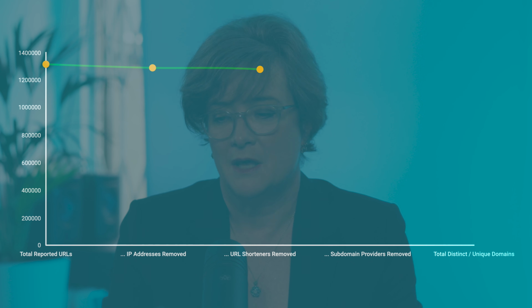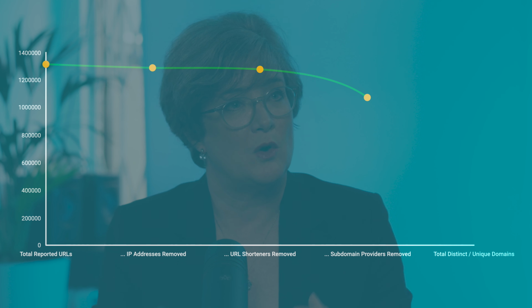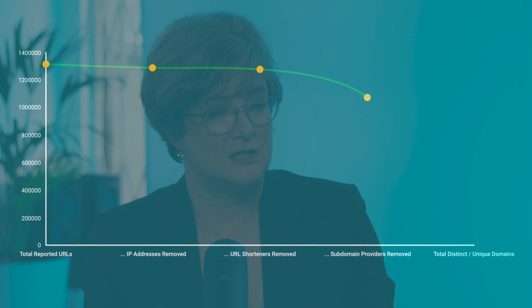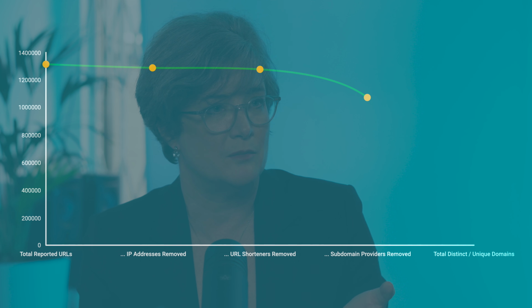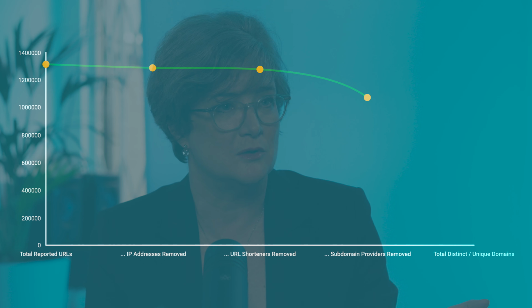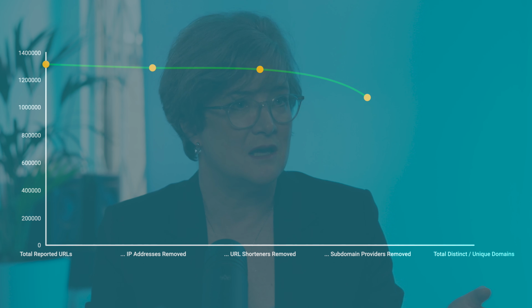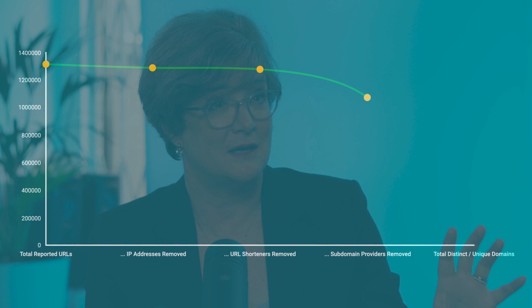A bit. But the big change comes when you take out the subdomains. So what Alex shows is that you will have a domain name like refundpr.com. If you then put a brand name like O2 or HMRC as a subdomain, the link appears completely different.